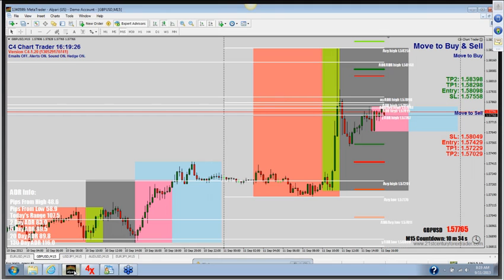What's our average daily range? Well, that's interesting. Today we've moved 107 pips, and our average range is about 99 to 115. So pretty much ranged out on this one. We saw a big push on news. It spiked way up here.